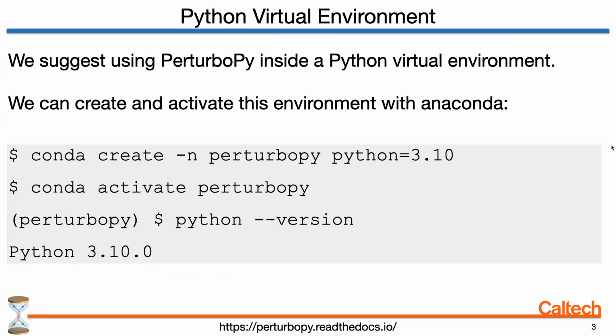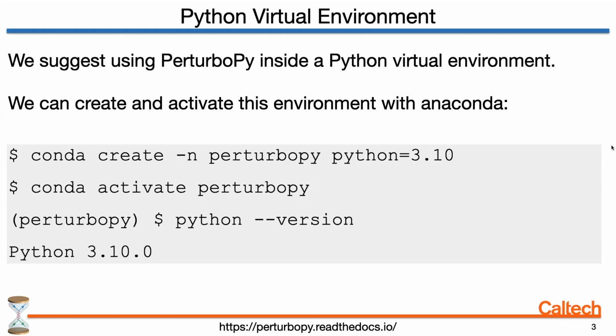So to use PerturboPy, we suggest using it within a Python virtual environment. We can create and activate this using Anaconda, with the commands shown here. You would type in your terminal conda, assuming you have Python installed, conda create PerturboPy, which is the name, and the version of Python.